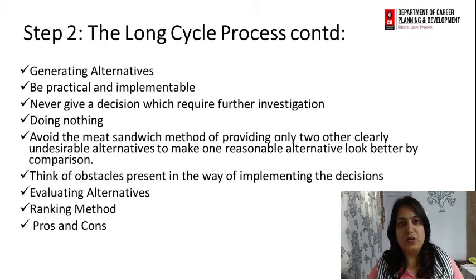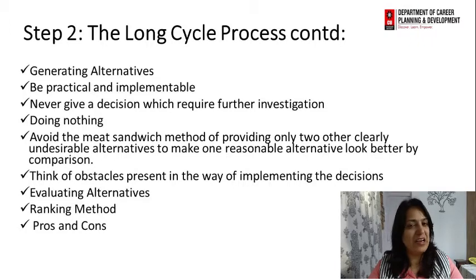The other two are not well articulated, so the obvious choice becomes the third one. That's called the meat sandwich alternative. So don't do that. Always make sure that whenever you are approaching the solution for the case study, all the solutions you come up with are very comprehensive and very detailed.